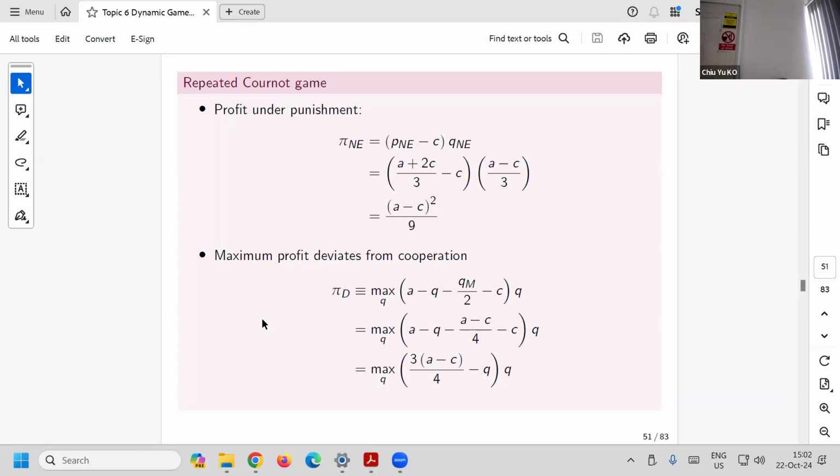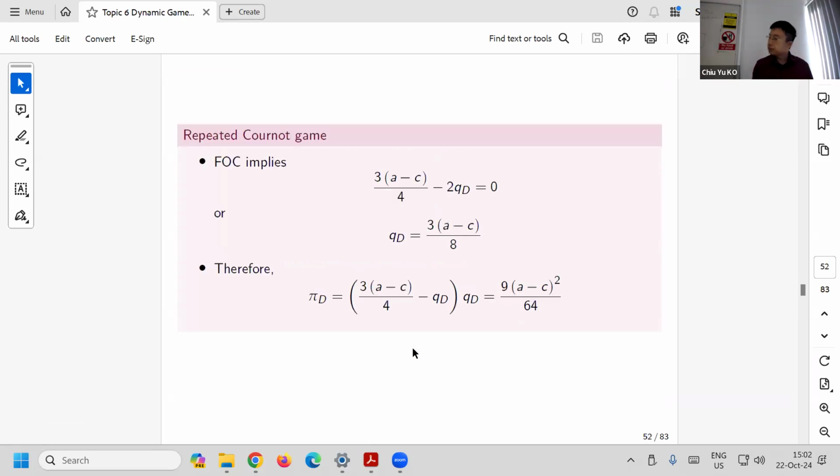Is that clear? And you solve the FOC, calculate QD, and this is the payoff where you defect, this is the gain. This is the fifth entry of the prisoner's dilemma. You deviate, this is the payoff.